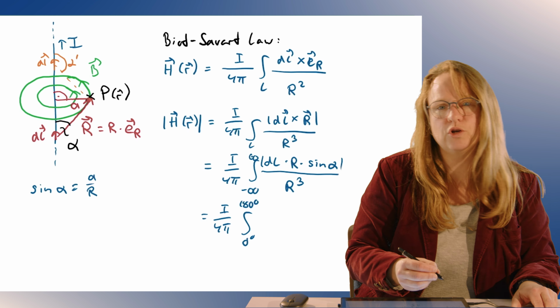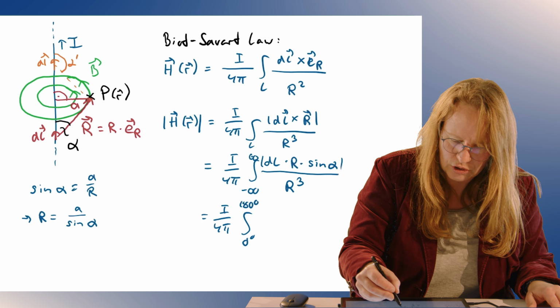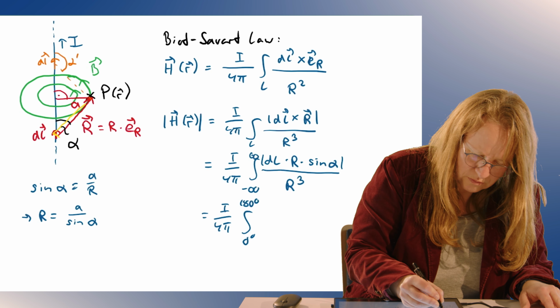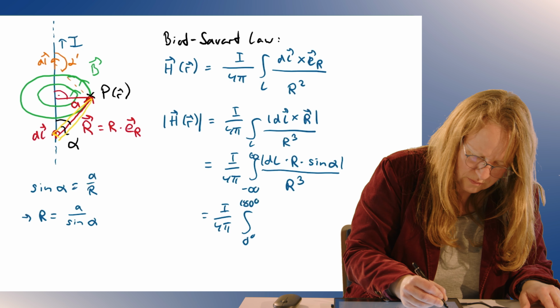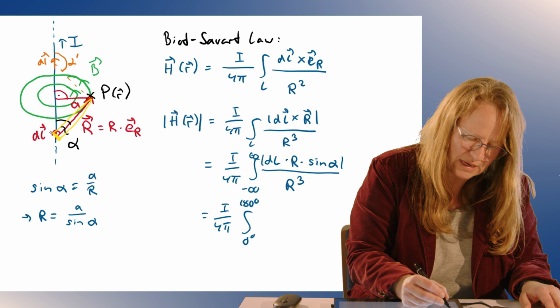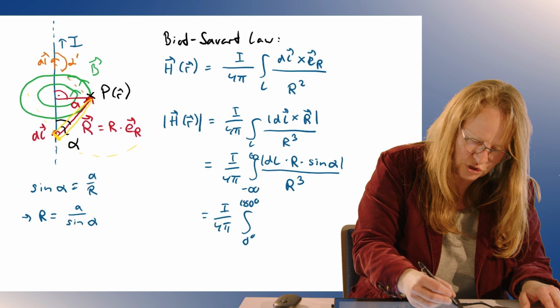Then we need to have the connection between dl and alpha. To do this, we can use a little trick, and that is we consider this element that is part of the arc of a circle that we put around the point P, and the total circle would be like this, going all the way around.